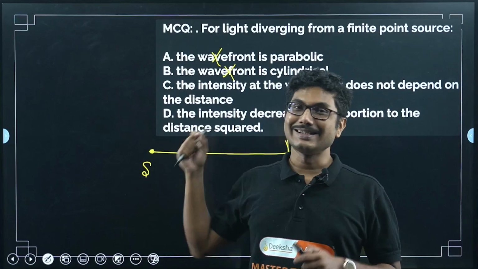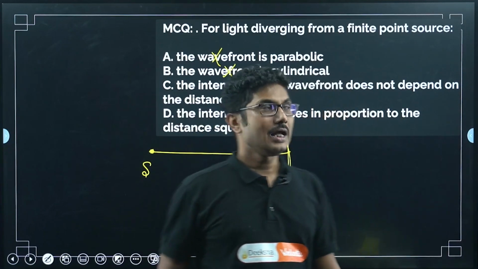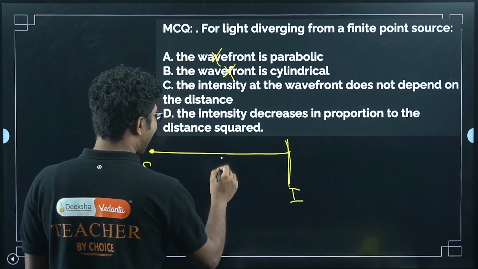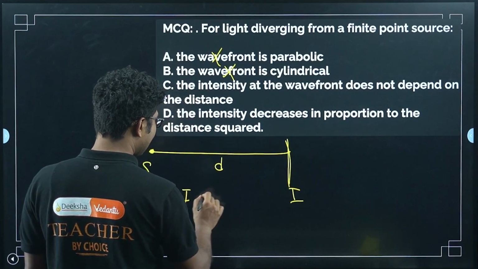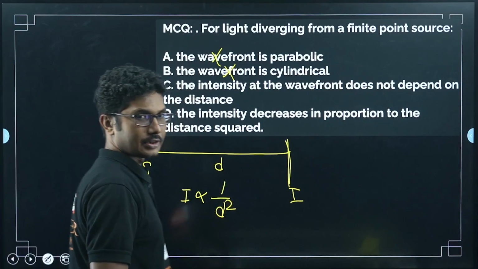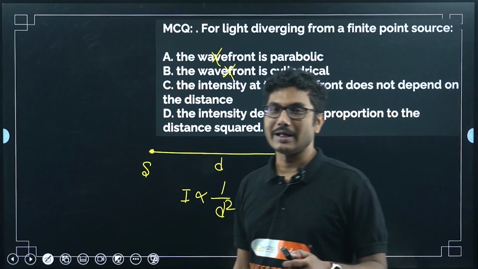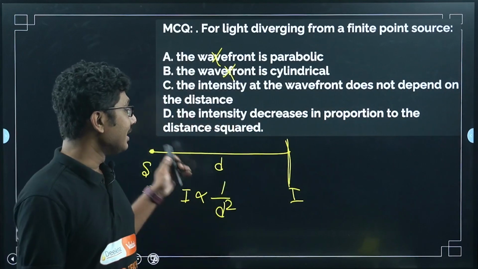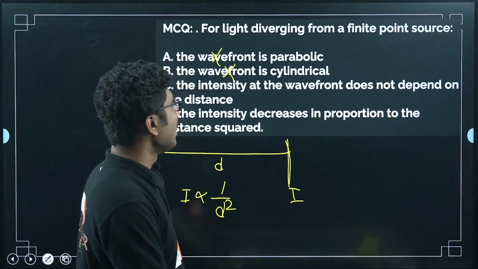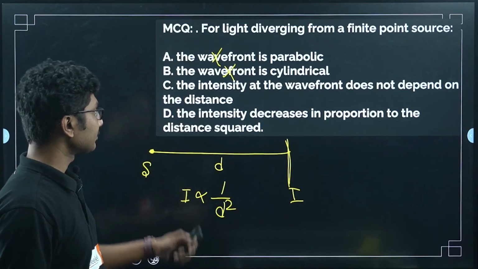Similarly, as the distance increases, the brightness of the source decreases. The brightness or intensity is inversely proportional to the square of the distance. The farther it is, the lesser the intensity. So the intensity of light decreases rapidly as you move away from it. A very, very important concept, and that we have also covered.